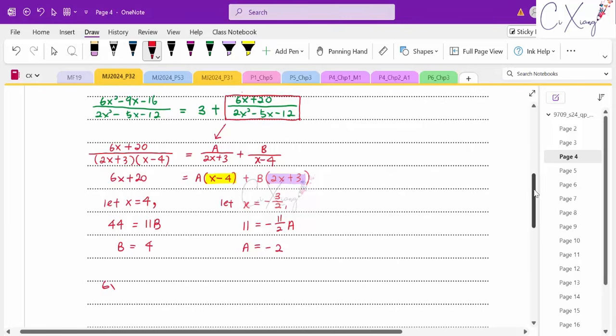My original question, 6x squared minus 9x minus 16 divided by 2x squared minus 5x minus 12, can be written as 3 plus these two partial fractions. So what is the A here? A is -2. So you put -2 over 2x plus 3. B is 4, then plus 4 divided by x minus 4.